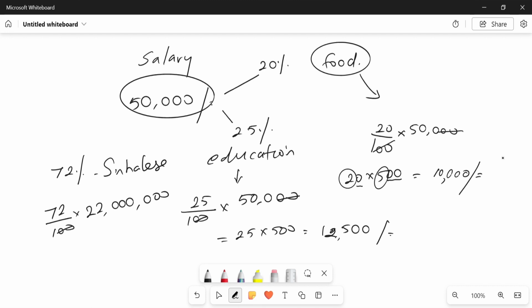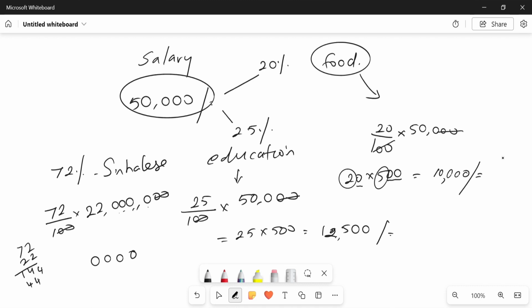Therefore, the number of Sinhalese people in our country is, count the zeros, 1, 2, 3, 4. 4 zeros. Then multiply 72 by 22 and connect here. 2 2s are 4, 2 7s are 14.